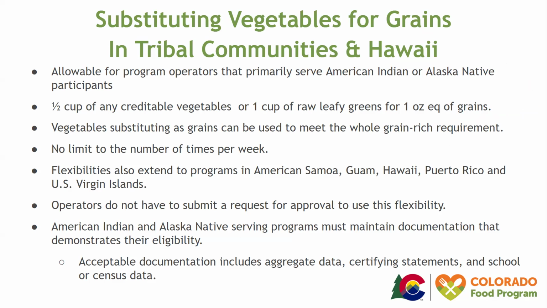A half a cup of creditable vegetables or 1 cup of raw leafy greens is equivalent to a 1 ounce grain. And vegetables substituting as grains can be used to meet the whole grain rich requirement as well. And there's no limit to the number of times that you can substitute a vegetable for a grain per week.